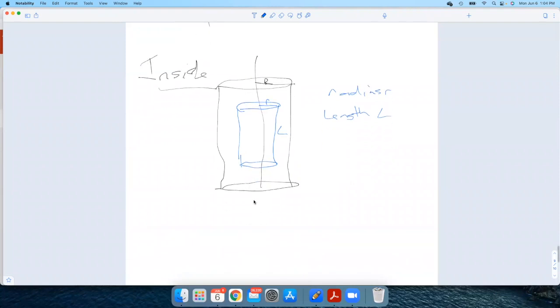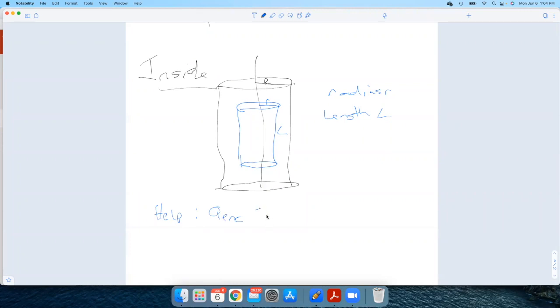Then a lot of the stuff we just did with the line is going to apply here. We know the electric field points radially out. We know all the flux is going to be flowing through this surface. No flux will flow through the top or bottom. This is a lot like the line of charge. What's going to cause you trouble here, so I'm going to help with this part, is the Q enclosed.